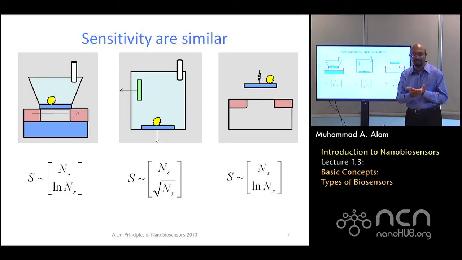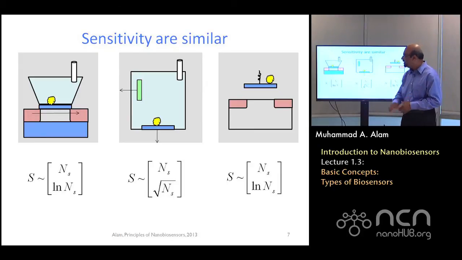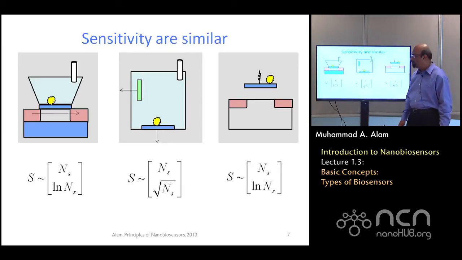So this is like a relative change. If you define sensitivity that way, then it turns out this is, depending on how you operate the sensor, either proportional to the number of molecules or essentially logarithmically proportional to the number of molecules that have landed on the sensor surface.